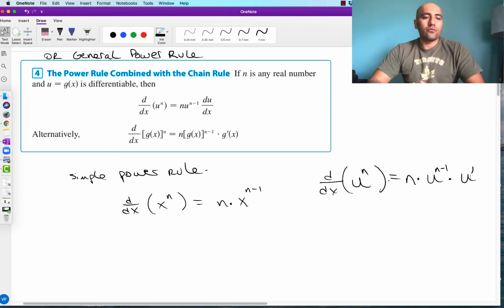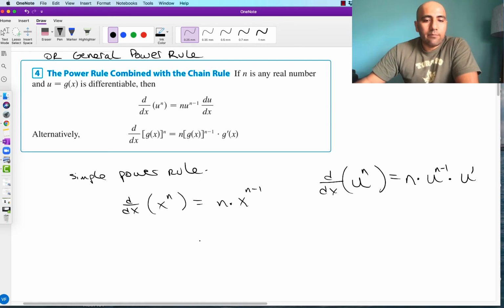Either way you note it, what we have is going to be some function that is differentiable. Right? So maybe, for example, x to the third power minus 2x squared, that's differentiable. And that's going to be raised to some power. How about to the power of 7? Something to the power of 7.